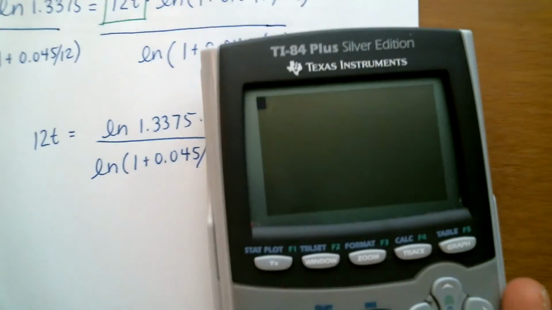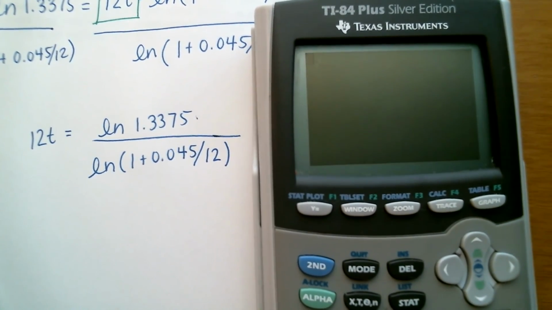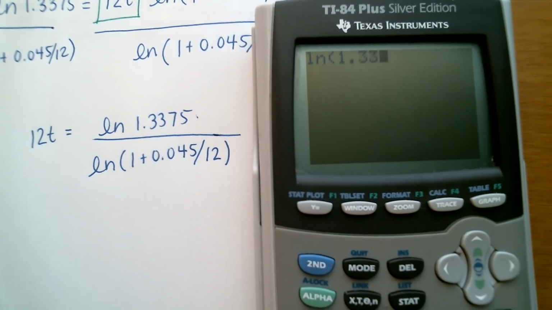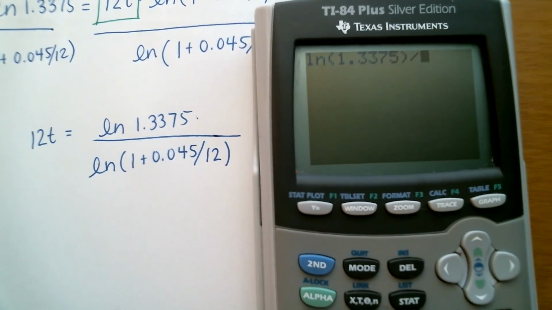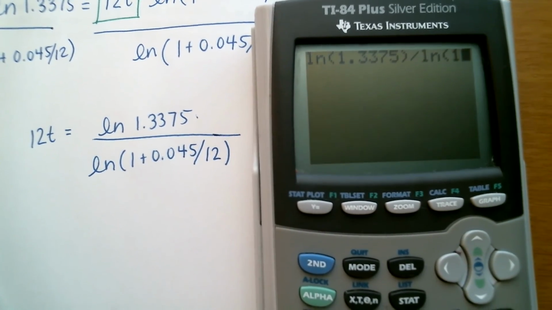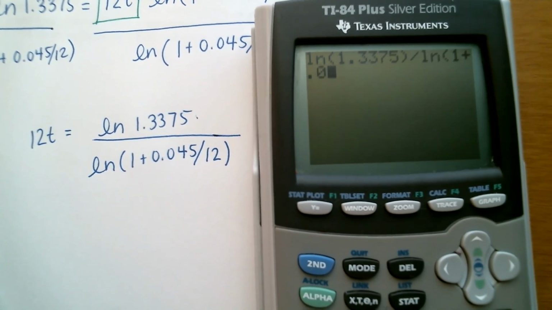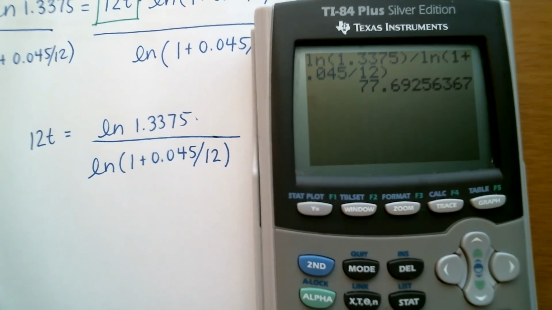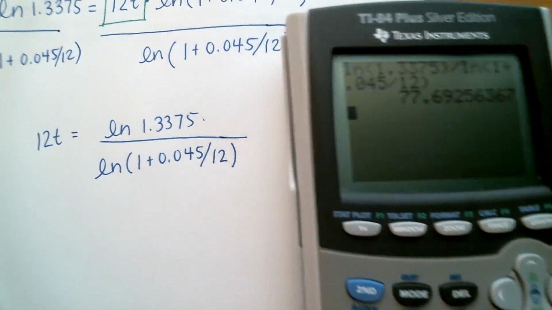All right, so we can go ahead and punch this into the calculator and that will give us a decimal for 12t. So we're going to get natural log of 1.3375 close parentheses divided by natural log of 1 plus 0.045 divided by 12. Okay, here's your decimal. Let me go ahead and write that down.